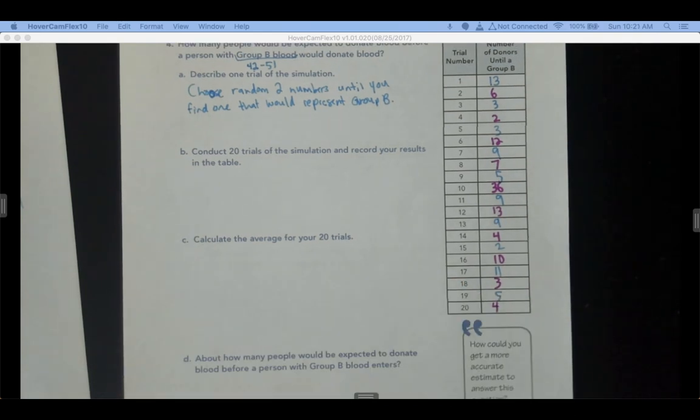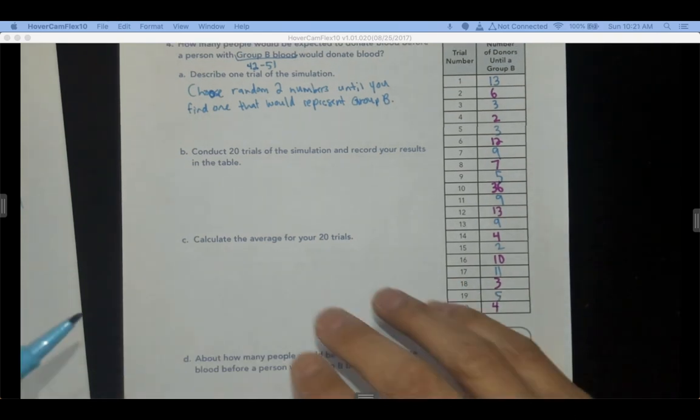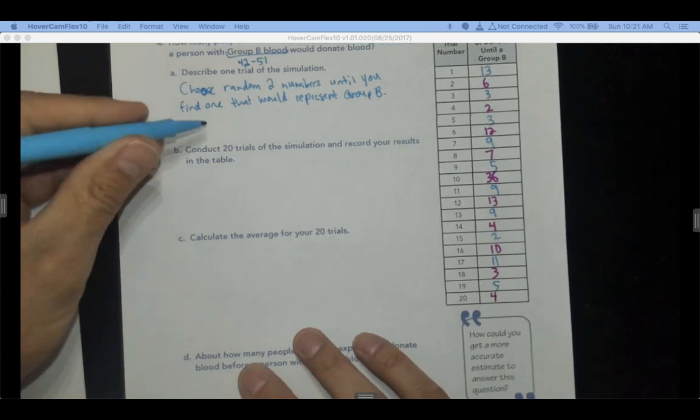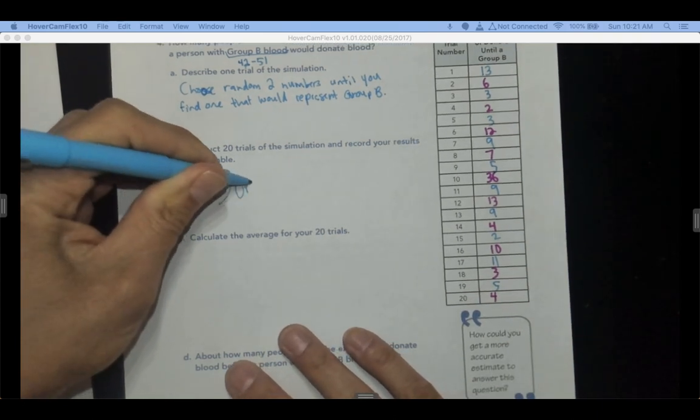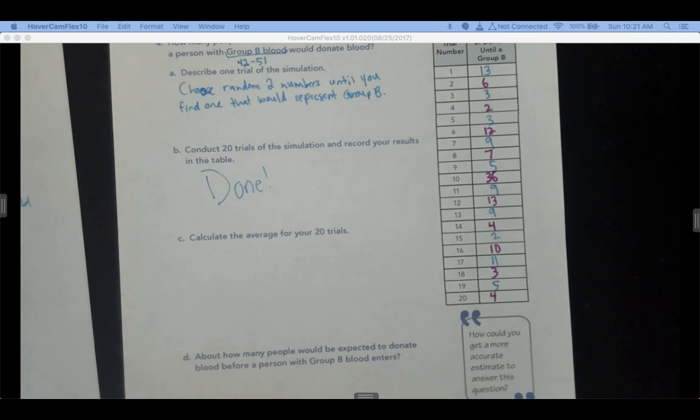Use my random number table, conduct 20 trials of the simulation, record your results in the table. Done. Calculate the average for your 20 trials. I need to add these up and divide by however many there are.